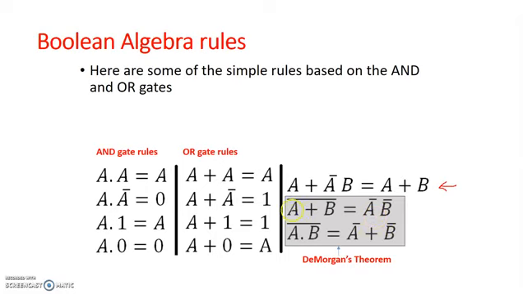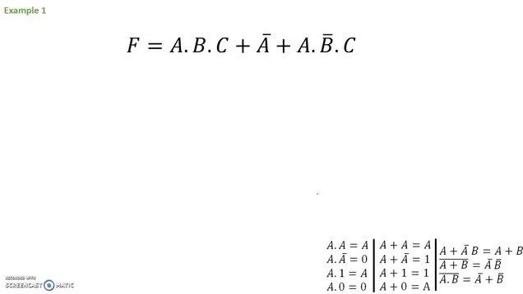It basically says that A or B not, so A nor B, is the same as saying not A and it with not B. And this one says A NAND B is the same as saying not A or not B. So our goal in this exercise is not to prove these rules, but to use these rules to simplify some expressions. So let's do a couple of examples.